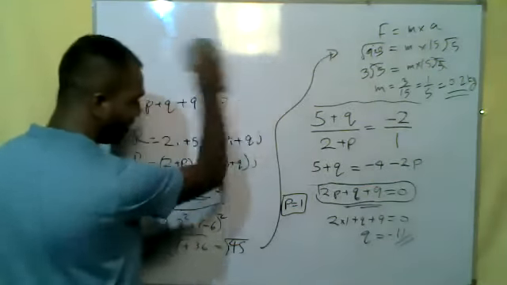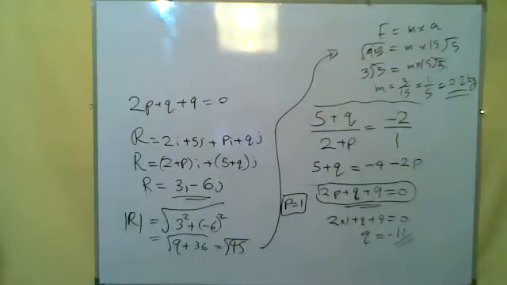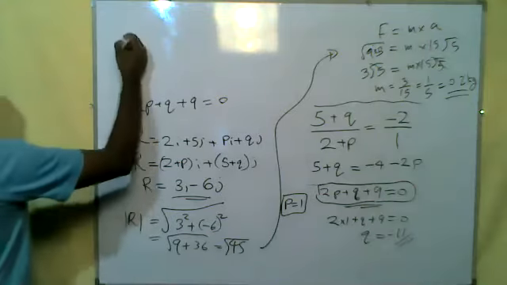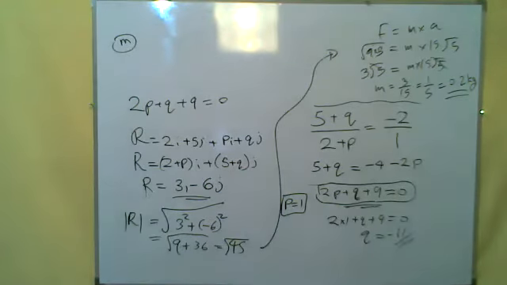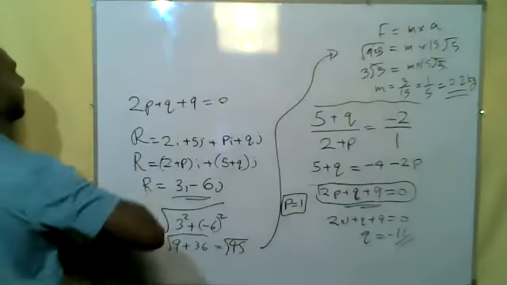Okay, moving forward, I will go to the challenge. A particle of mass 0.5 kilograms is acted on by 2 forces. Mass is 0.5 kilograms.